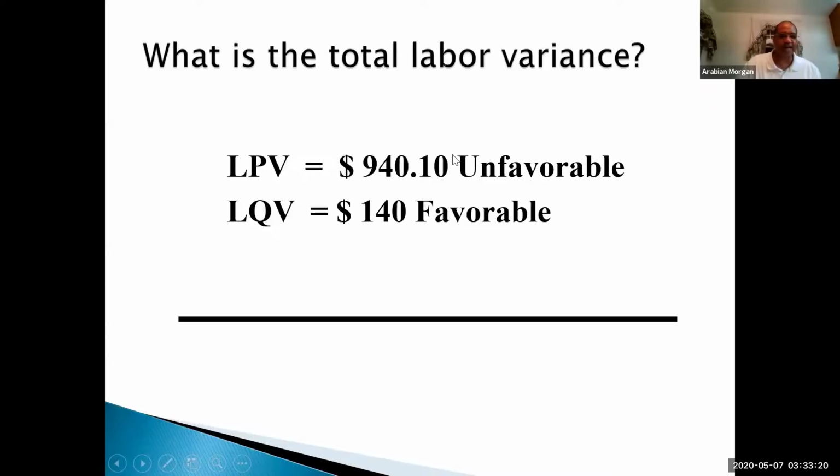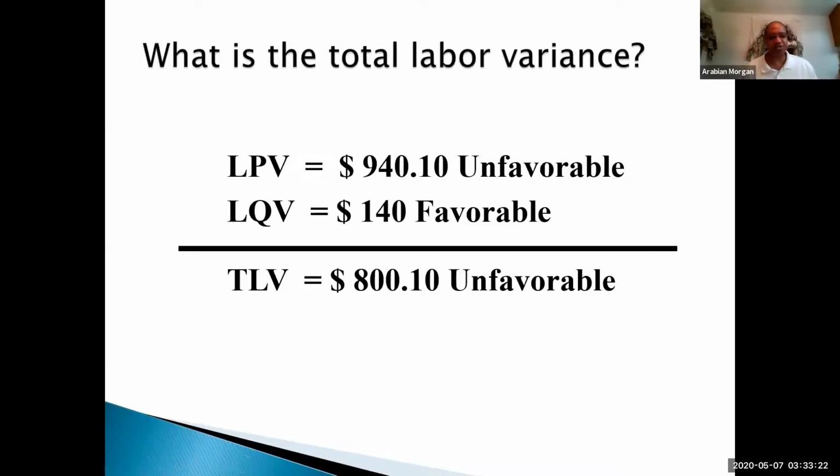So in the final output, it's $800.10 unfavorable, just because the labor price variance had the largest dollar amount, and we're using that unfavorable tag. Okay, so I'm hoping that answers that question.